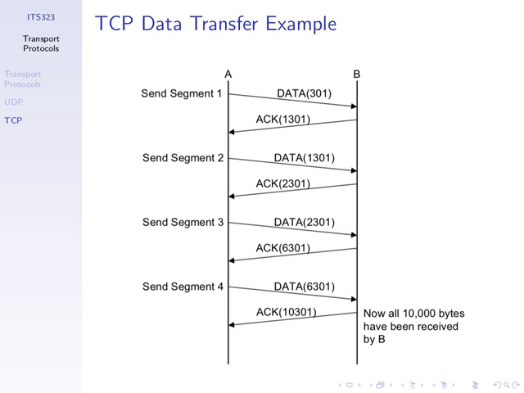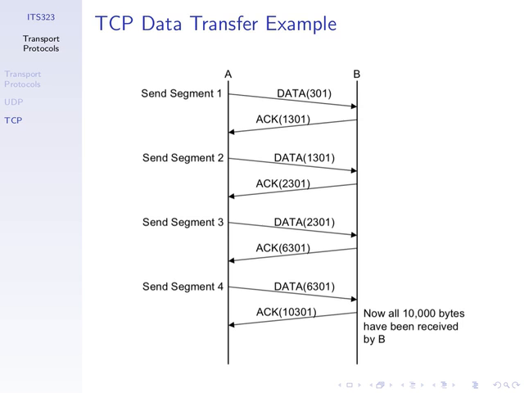After receiving the second segment, it's received sequence numbers 1,301 up to 2,300. It's received everything in order. The initial sequence number we start from was 300. So in fact it expects to receive 301 and keep receiving the data in order.